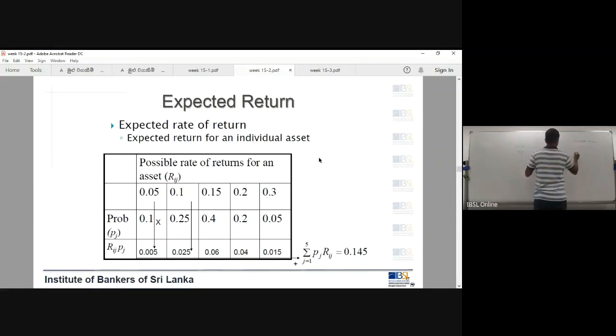Here it is 25% to 10%, 40% to 15%, 20% to 20%, 5% to 30%.